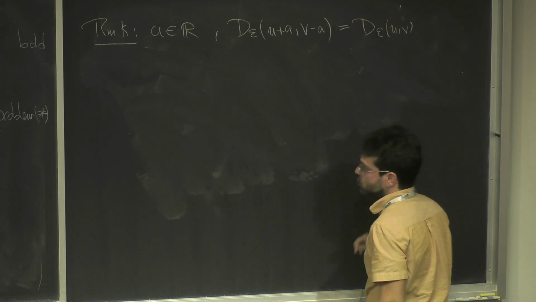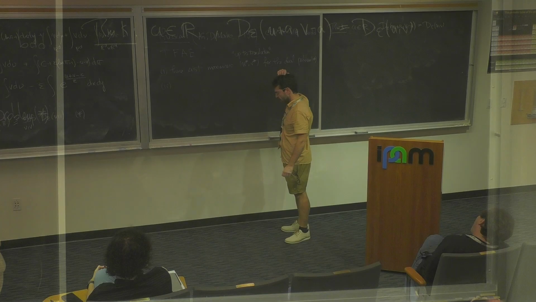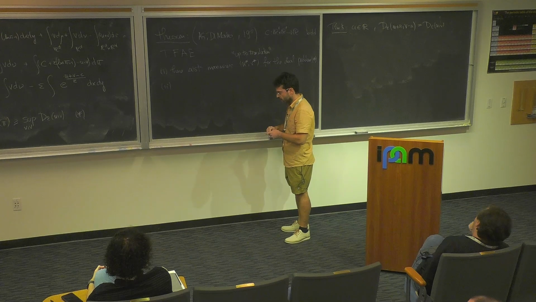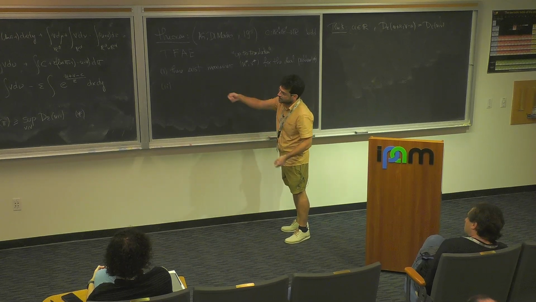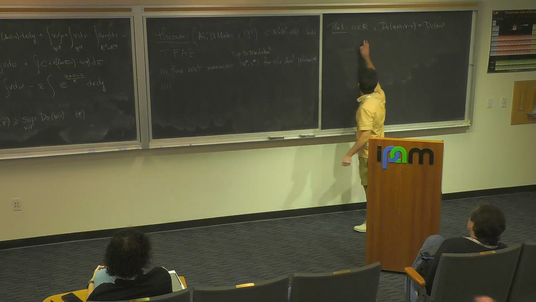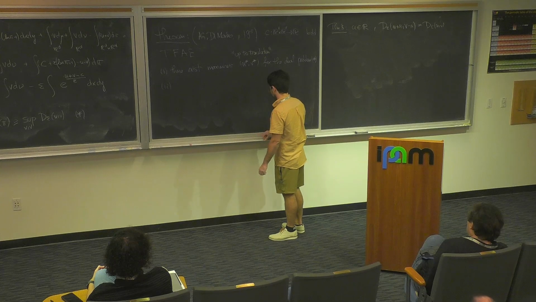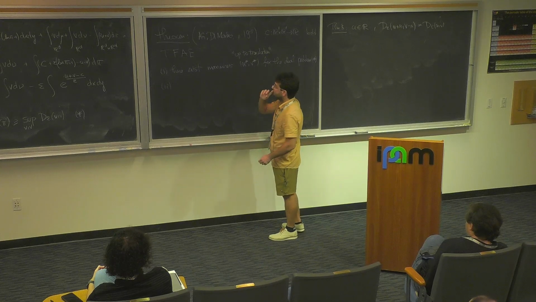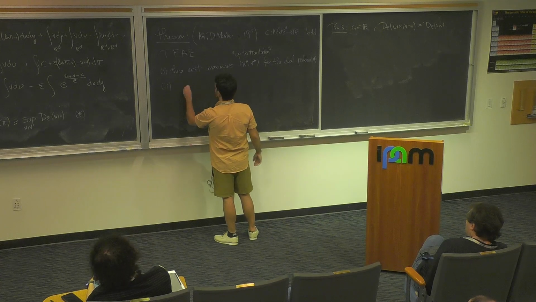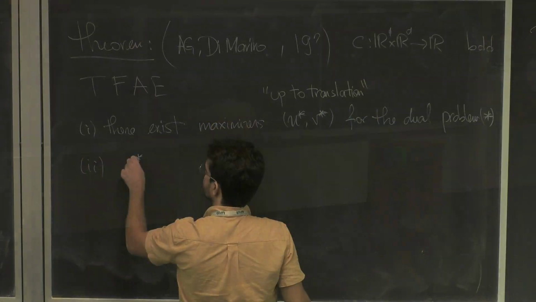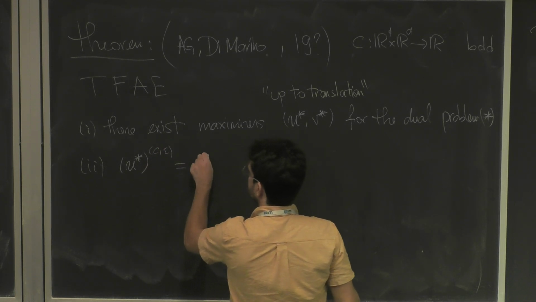We don't see this much in computational algorithms, but to prove the existence of a maximizer it is a technical part, because you need compactness of the maximizing sequence, and since we have this symmetry, we need to deal with it to apply the direct method and show the existence of the maximizer. You have that u star, the C epsilon transform, is equal to v star.